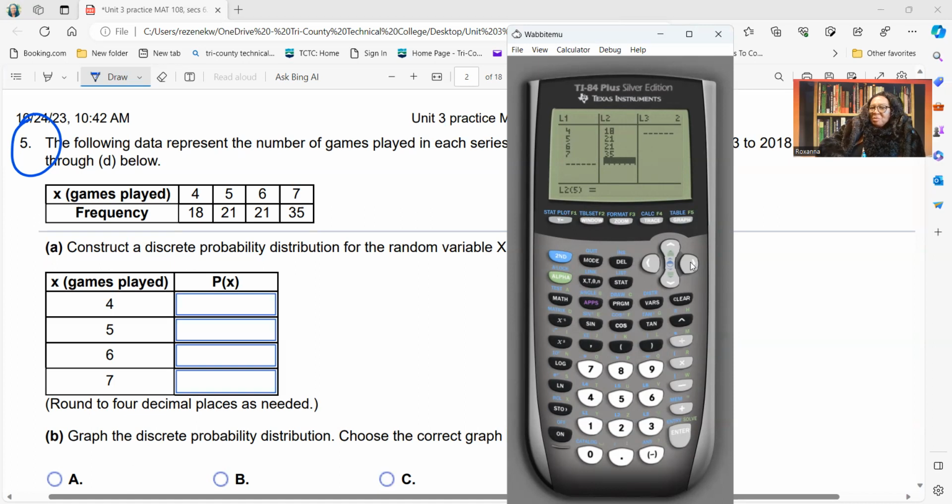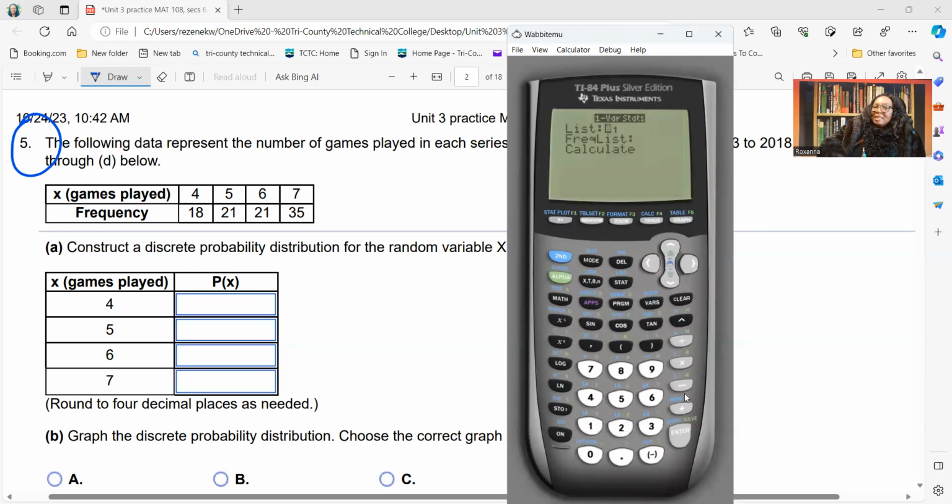But before I find probability, I want to do one variable stats of L1 and L2 because I want my calculator to give me the sum of all these frequencies, even though I know I can add it.